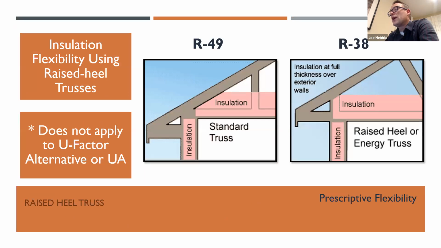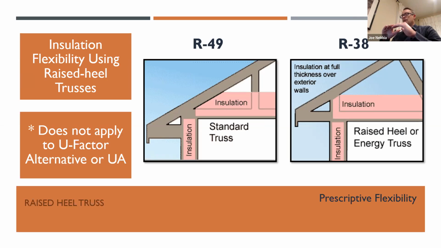A couple of quick things, again, if you're in climate zone 2 and all of a sudden you've got to put in an R49 attic and you don't want to change from the R38, the code does say that if you use a raised heel truss, so you can get full depth insulation, you can do R38 across the attic as long as it's R38 uncompressed in the whole attic and over the top plate at the eave.